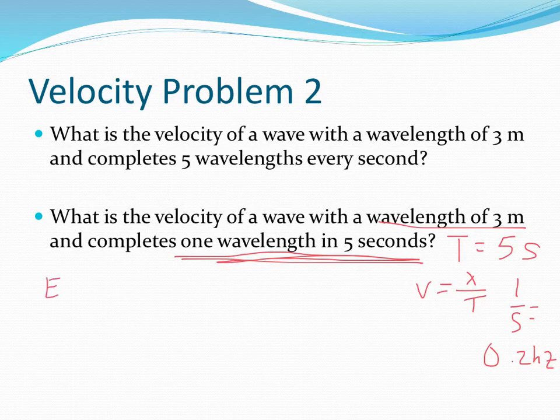So again, go to our equation. Velocity equals frequency times wavelength. If I substitute in, I'm going to have velocity equals 0.2 hertz times 3 meters.